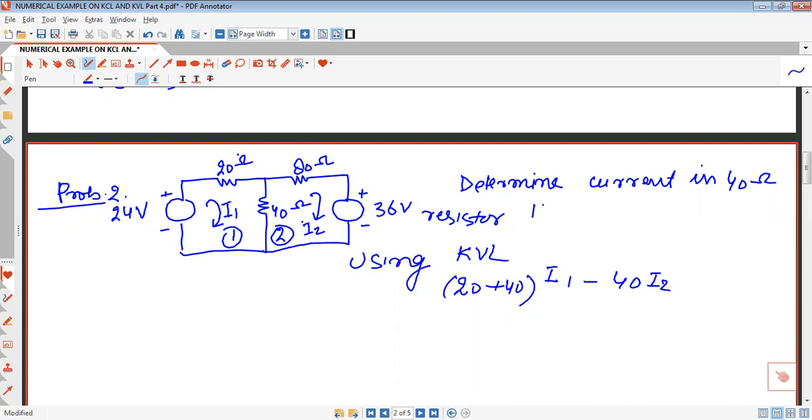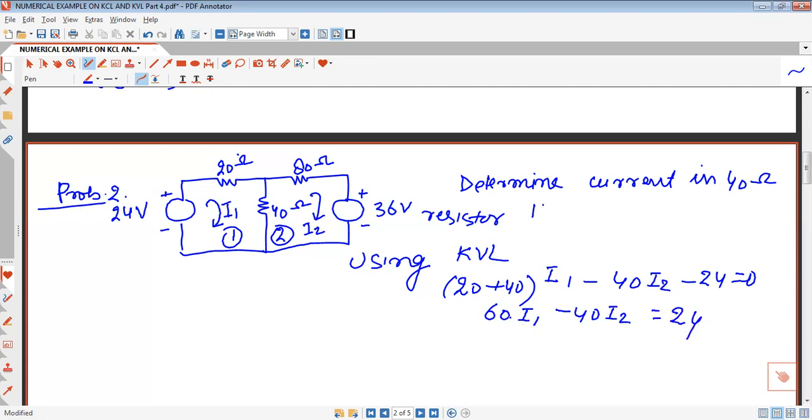I1 is going this side, I2 is coming upside, so it will be minus. And when we go from here to here, we encounter the negative terminal first, so we write negative 24 equal to 0. So now it is 60 I1 minus 40 I2 equal to 24.